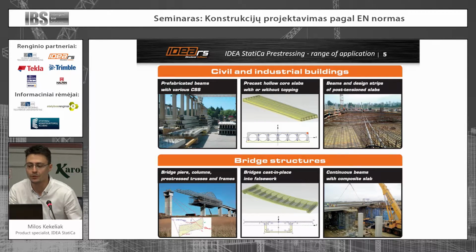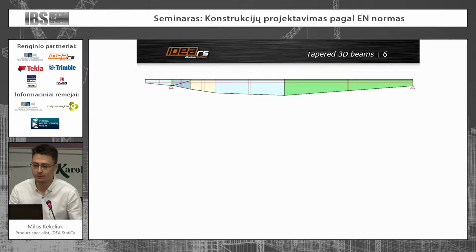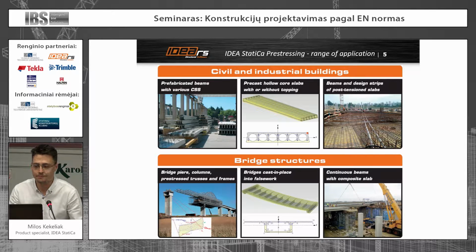In case of StatiCa pre-stressing, this module we can use for design of civil and industrial structures, and the second group is formed by bridge structures. This is similar. We can design prefabricated beams, precast pre-stressed beams. Another group is like hollow core slabs, and we can design as well beams and design strips of post-tension slabs.